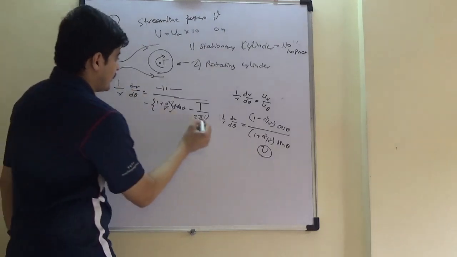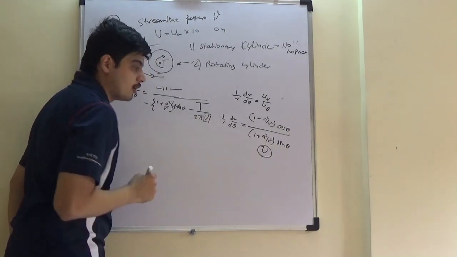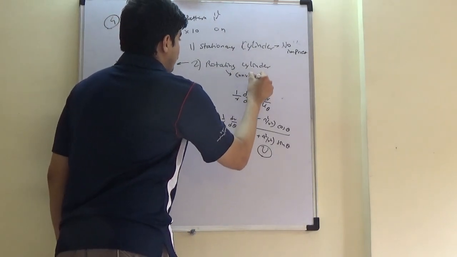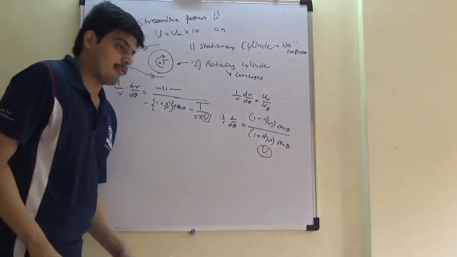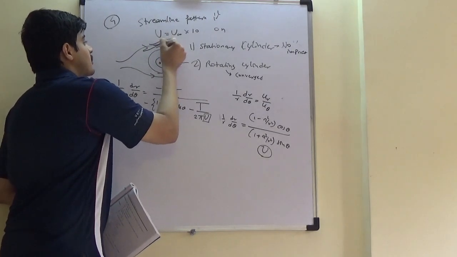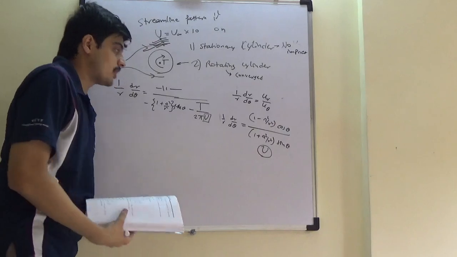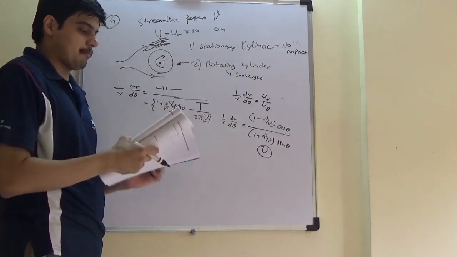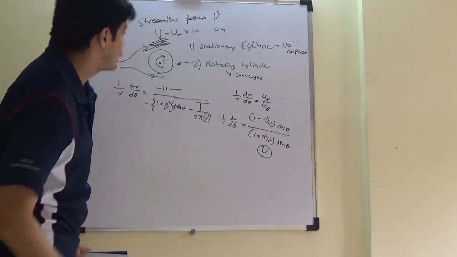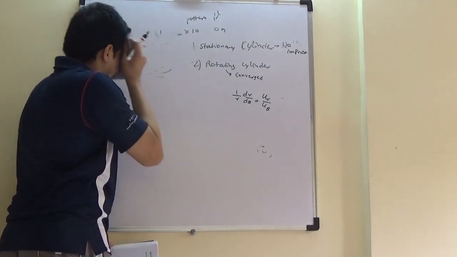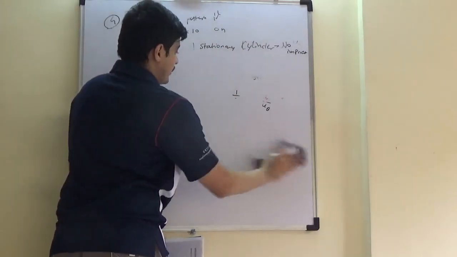Now here, this is in the denominator, so streamlines become converged. Being faster would mean more throwing out of the mass and streamlines coming closer to each other. So the pattern will change. Very, very important qualitative objective question, but important to clear your concepts once and for all, right?